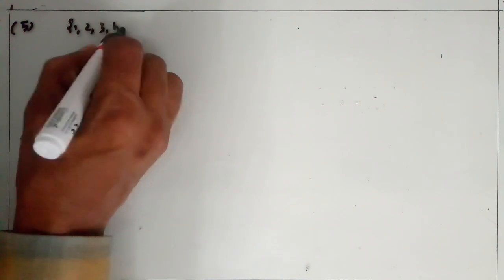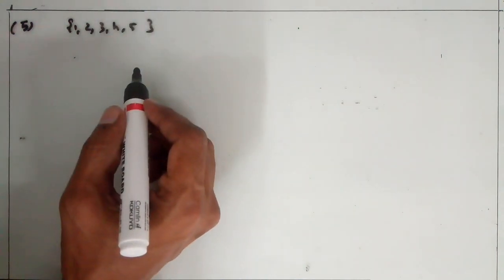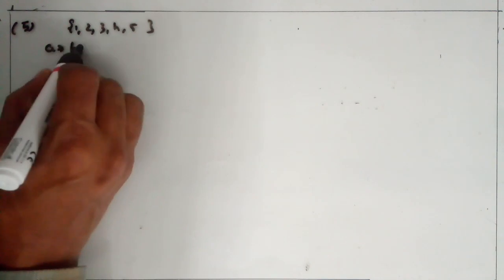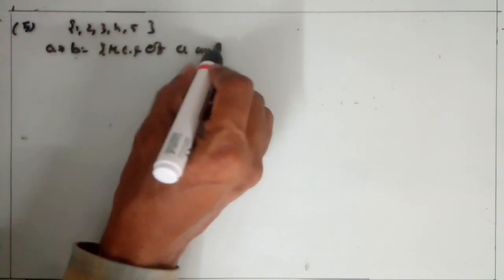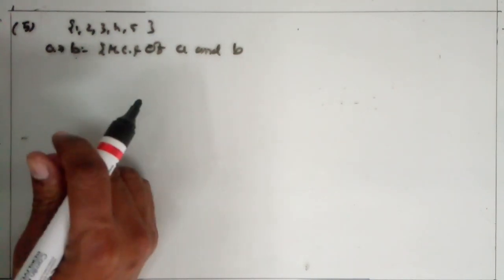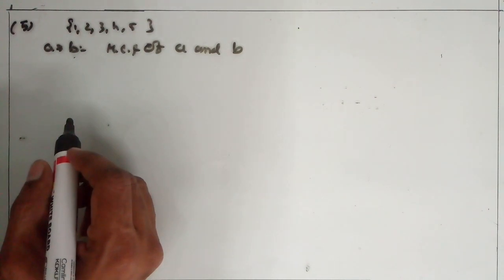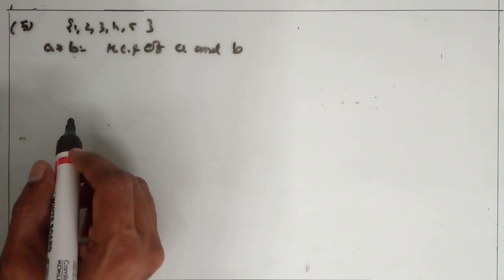Question number 5 is given. Let star be a binary operation on the set {1, 2, 3, 4, 5} defined by A star B is equal to the HCF of A and B. Is the operation star the same as the operation star defined in question 4 above?